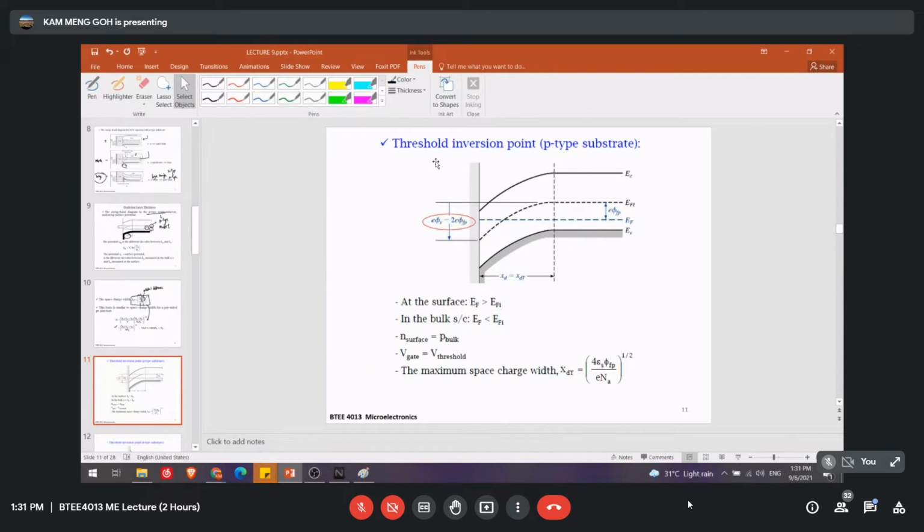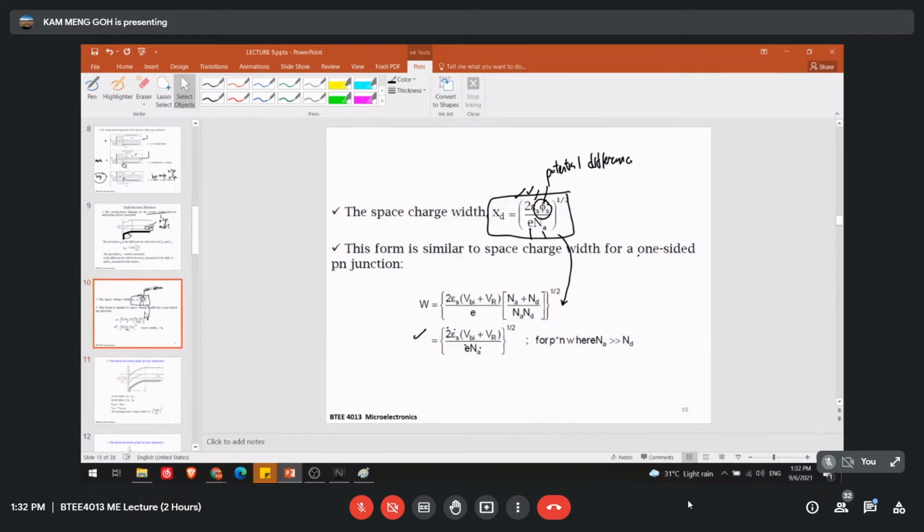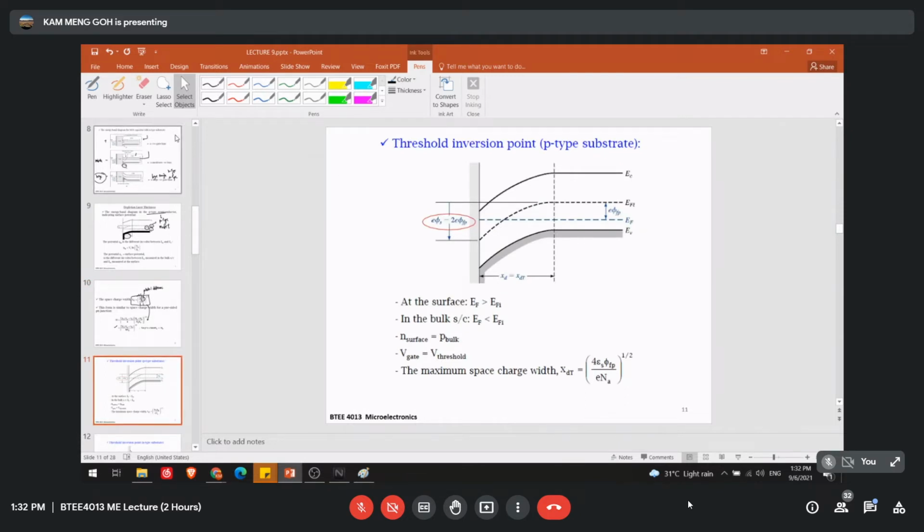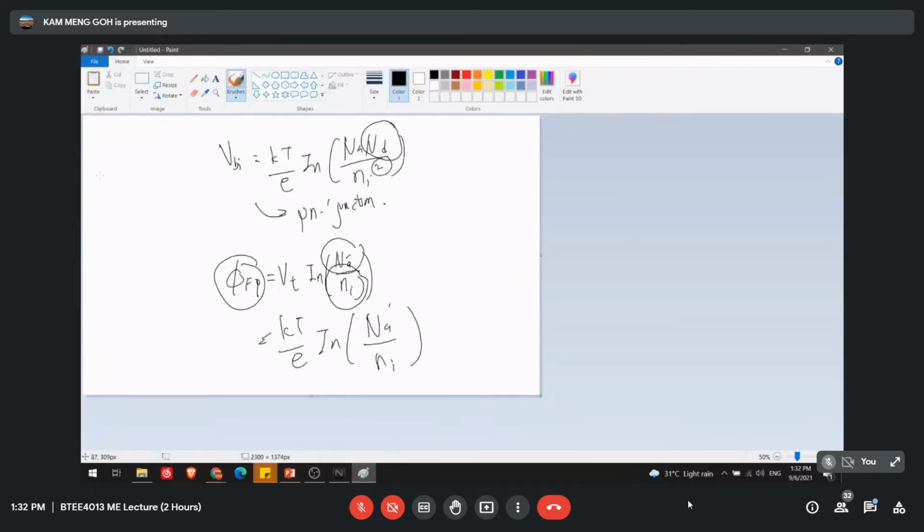So the threshold inversion point for the p-type. There is also the maximum space charge. We can use this to calculate, but eventually it will reach the saturation state. What is the maximum space charge region? It means that when you are trying to induce this, what is the maximum SDT?